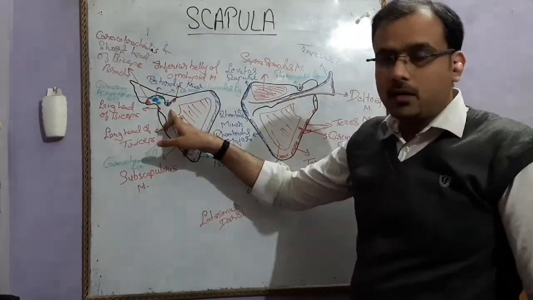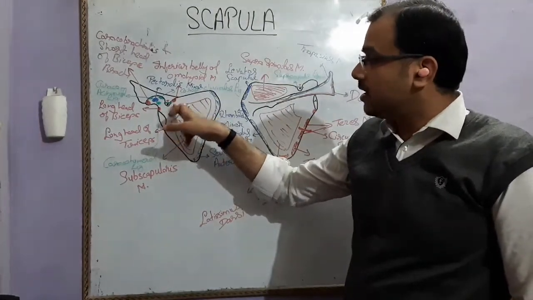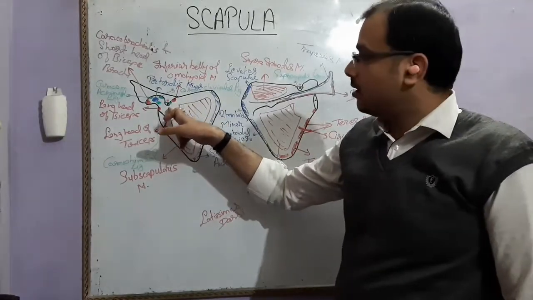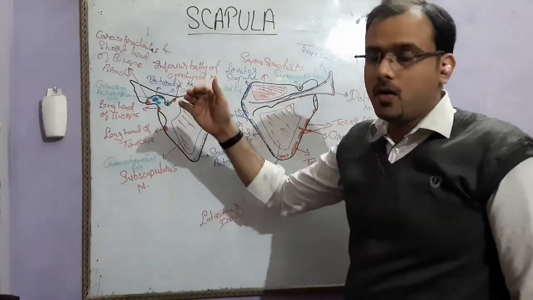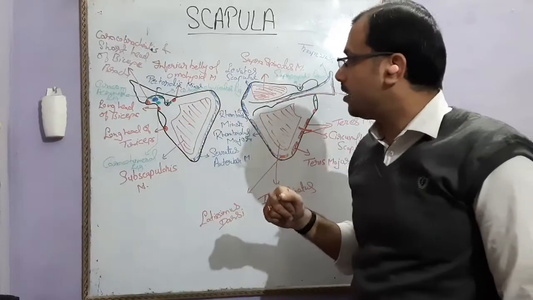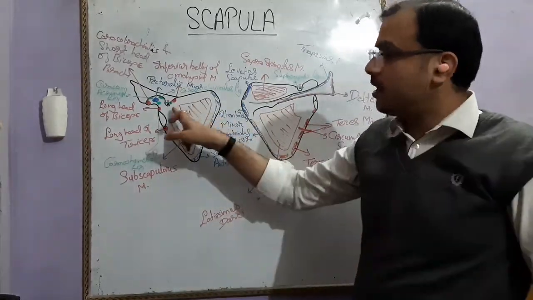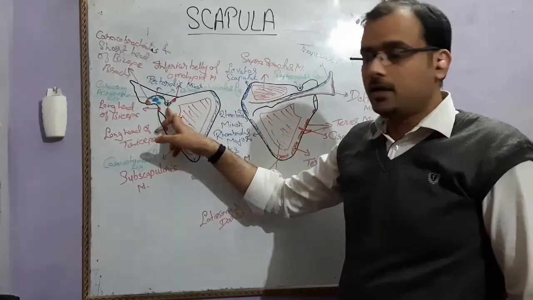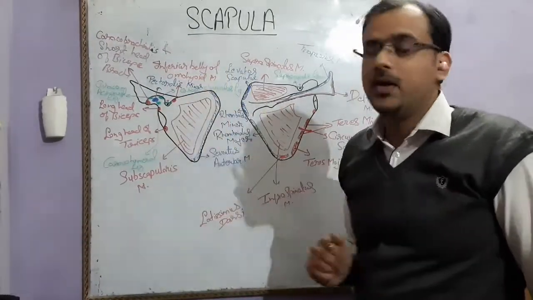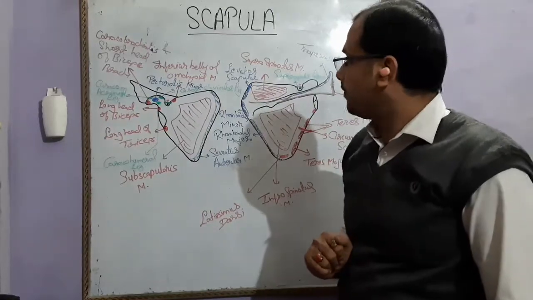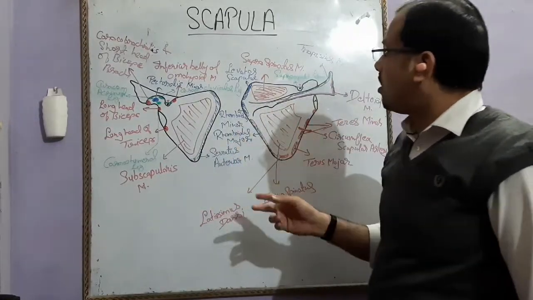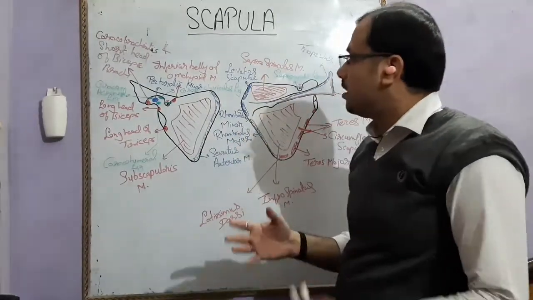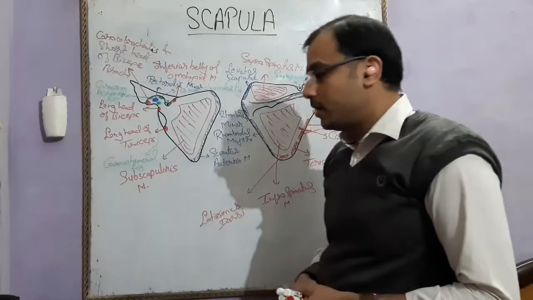So remember, these structures are located above and below the suprascapular ligament. The artery is above the ligament and the nerve is below the ligament. This is all about the attachments and bony features of the scapula.